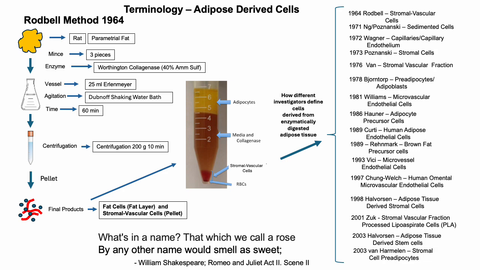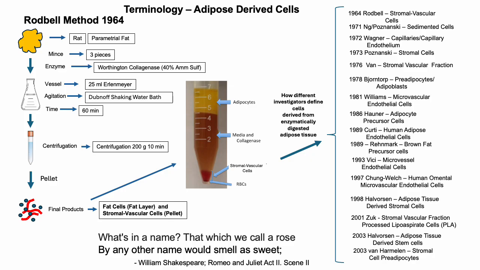I give you the quote from Shakespeare on a rose is a rose. 1964 Rodbell again, stromal vascular cells, and I've reviewed all of these different methods previously, but the terminology is incredibly variable.